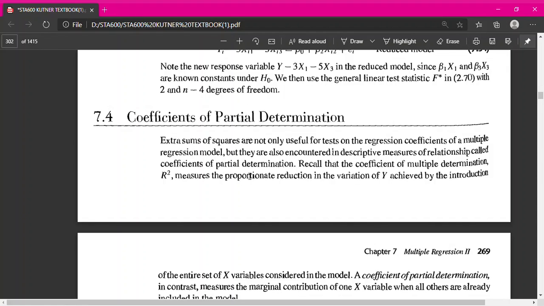Okay, recall that the coefficient of multiple determination, which is the R-square, measures the proportionate reduction in the variation of y achieved by the introduction of the entire set of x variables considered in the model.